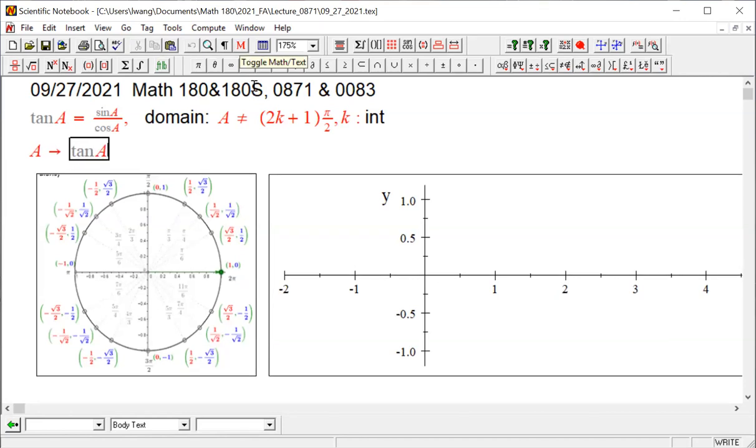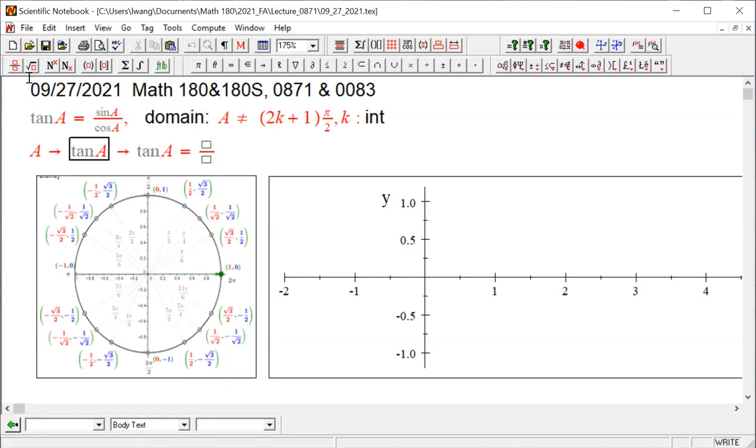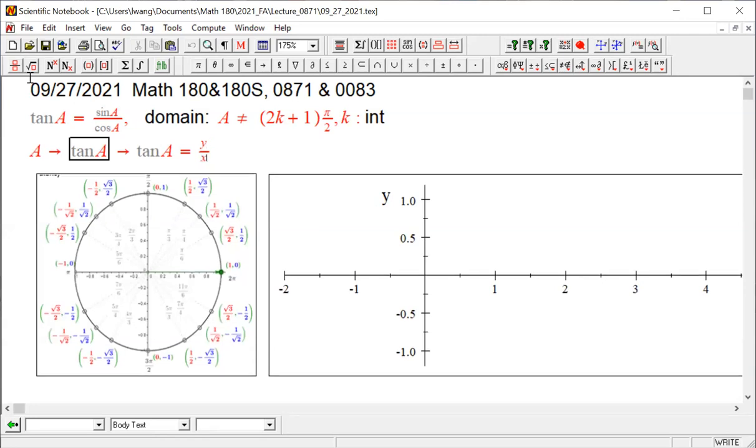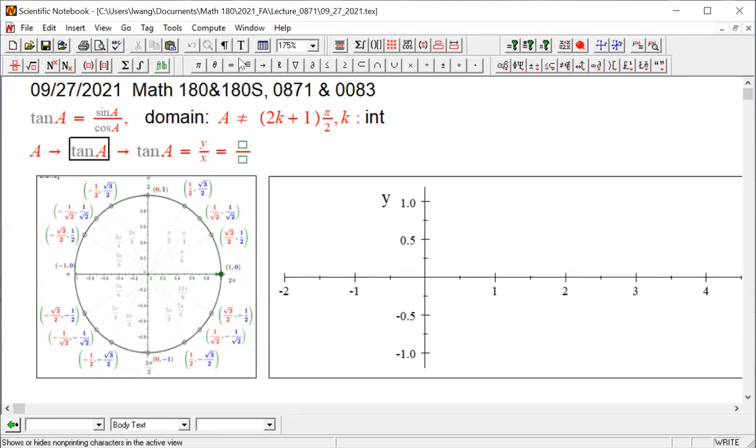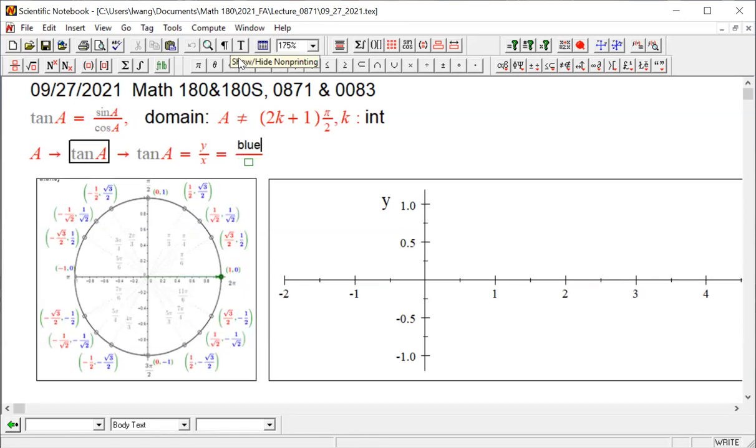And that rule says tangent of A gives us a ratio. That ratio is y over x, the blue number over the red number, for those special angles or non-special angles.